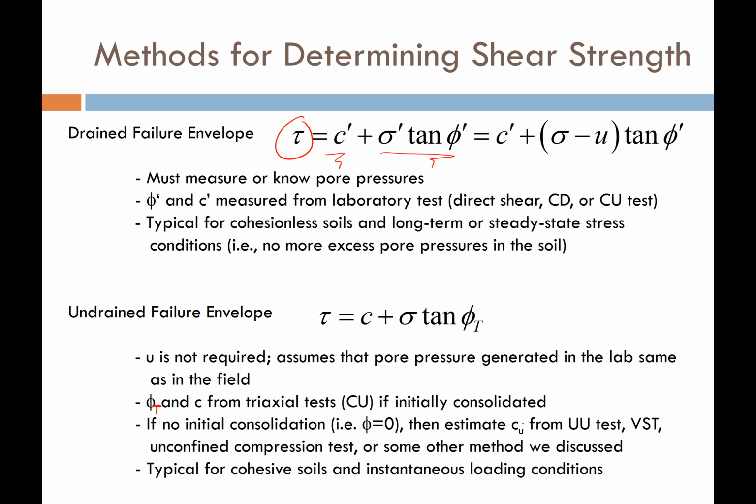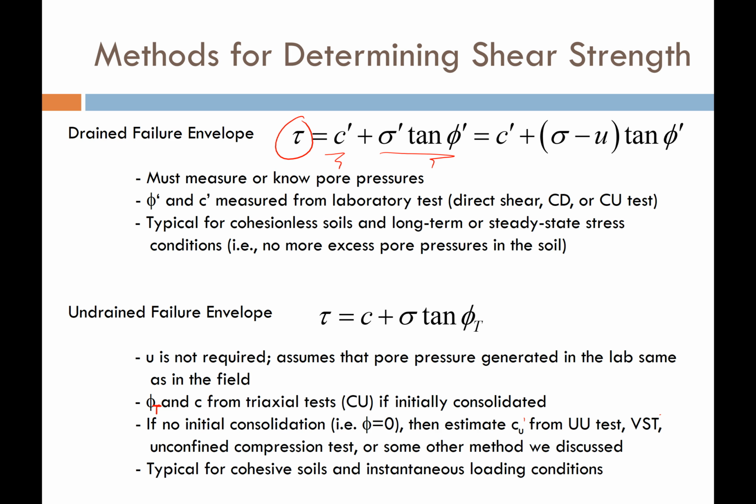And then we have to come up with an estimate of the undrained cohesion, and we can get that from an unconsolidated undrained triaxial test, a vane shear test, an unconfined compression test, though I recommend you don't use that method, or any of the other methods we discussed, like S sub u over sigma prime v. Now this method is much more typical for cohesive soils, especially normally consolidated clays or silts, to look at instantaneous loading conditions right after the load is applied.